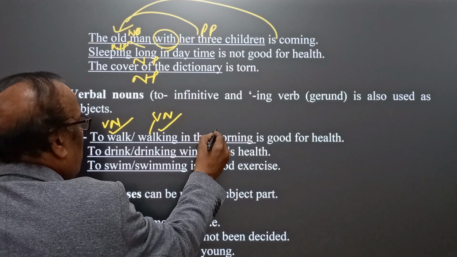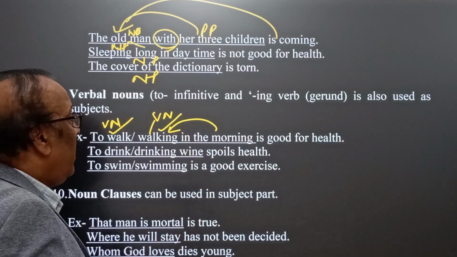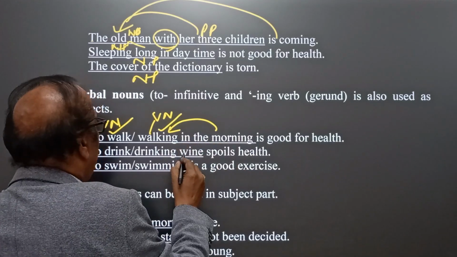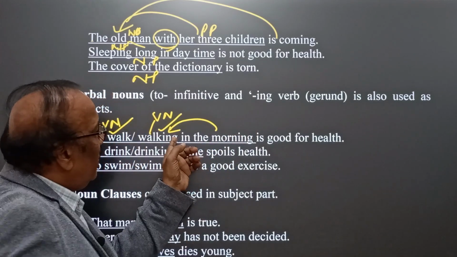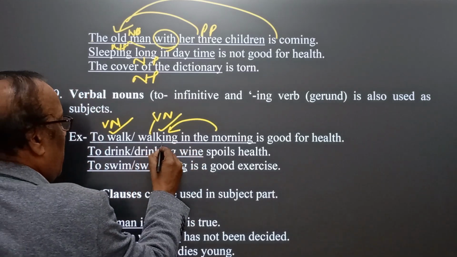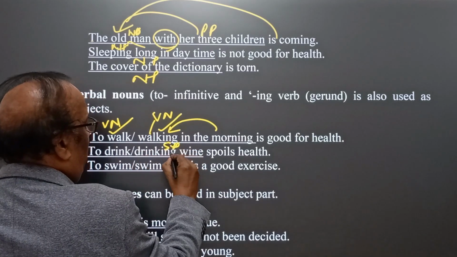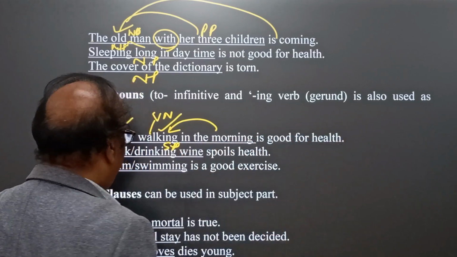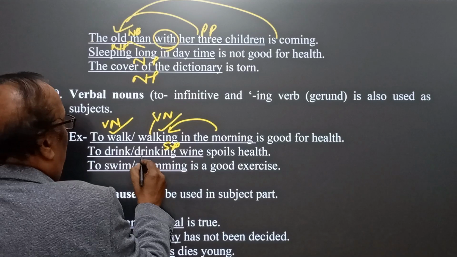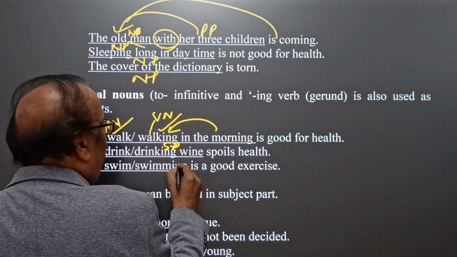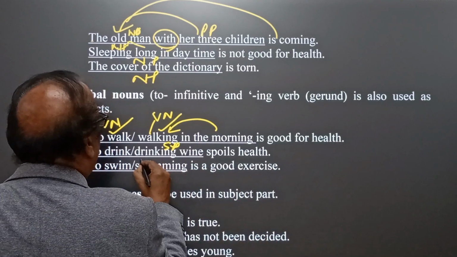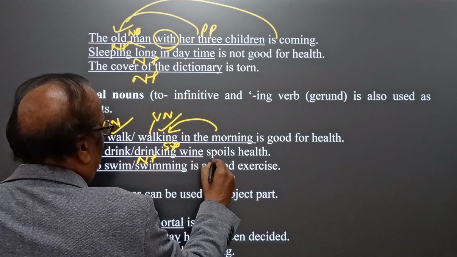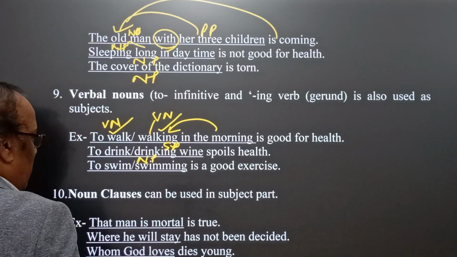In the morning is qualifying walking. Walking in the morning is the noun phrase, here combiningly treated as a subject part. Yes, to walk or walking in the morning is good for health. To drink or drinking wine: drinking what? Wine, also a noun phrase, and here spoils health, naturally.